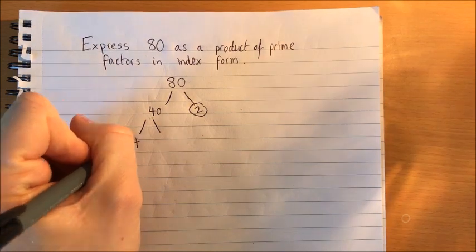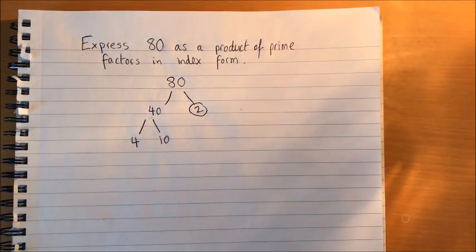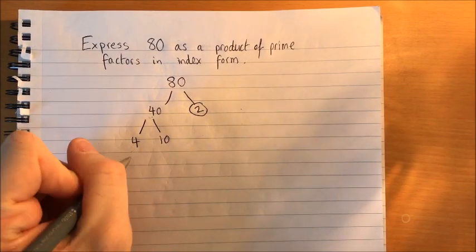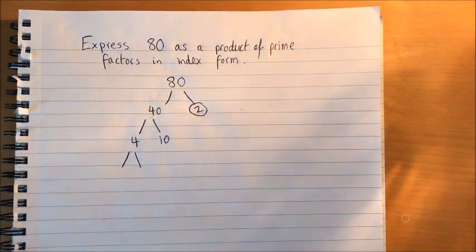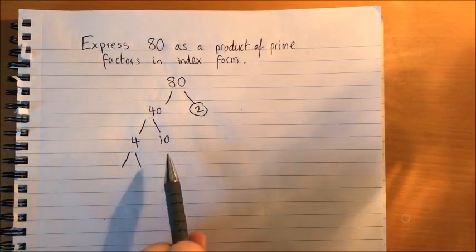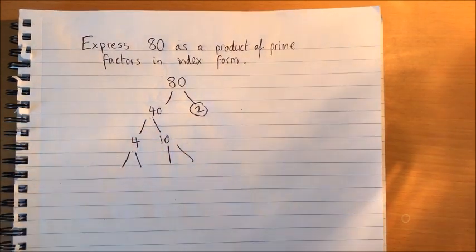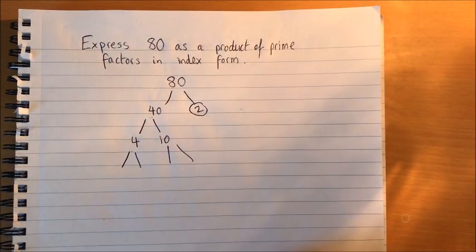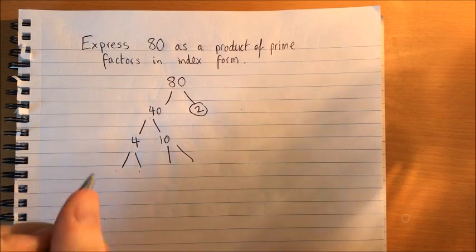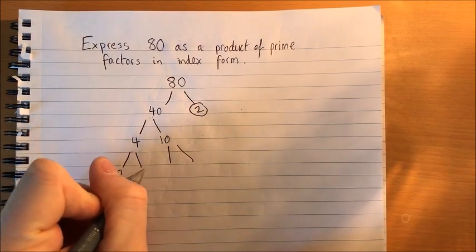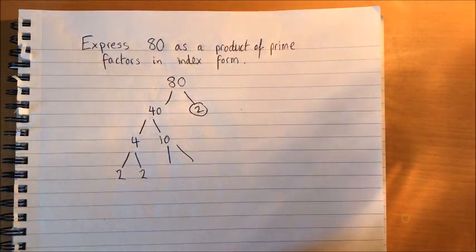Well, I know that 4 times 10 gives me 40. Are either of these numbers prime? Well, 4 is not a prime, so I can split that up some more. And 10 is not a prime number, so I can split that up some more as well. Something times something gives me 4. I'm going to use 2 times 2 to get 4.